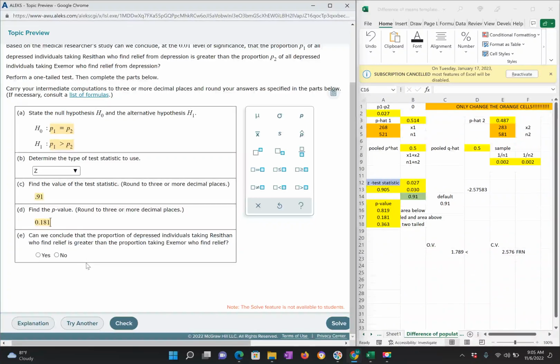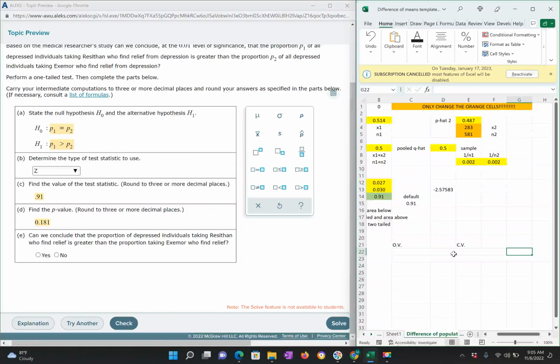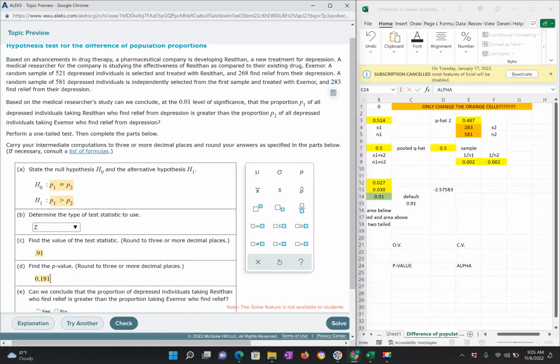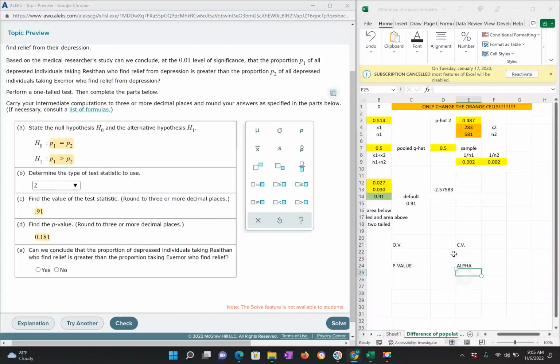So if P is less than alpha, so let's go with the P value this time. I'm actually going to delete this because I don't want to confuse anyone. So P value and alpha. According to this, our alpha is 0.01 and it is one tail, so I don't have to mess with it.